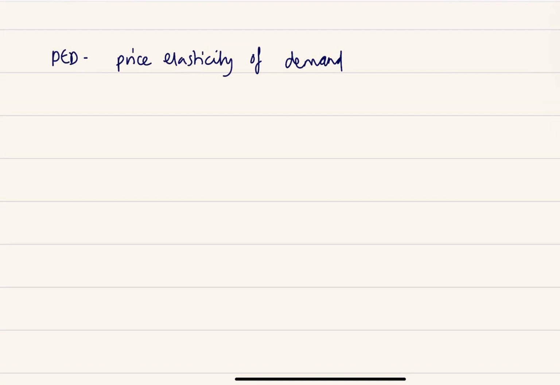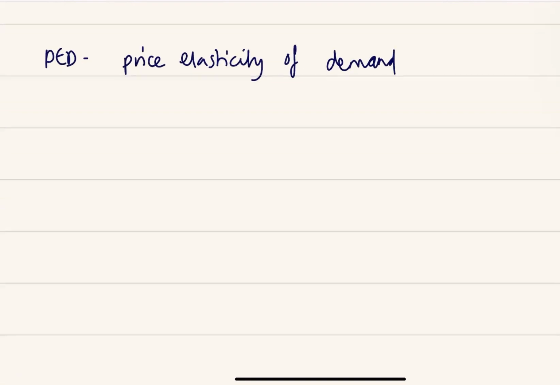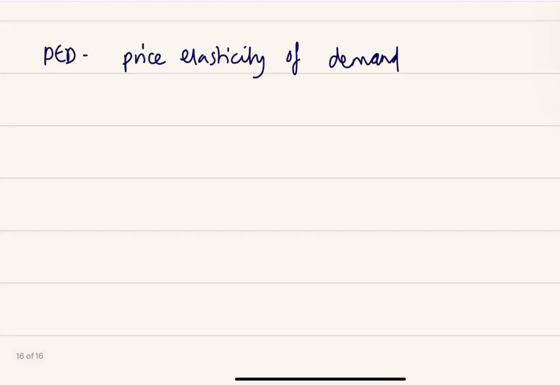And the easiest way to remember the equation is just do the percentage change of the third letter divided by the percentage change of the first letter. So in this case, PED equals the percentage change of demand divided by the percentage change in price.